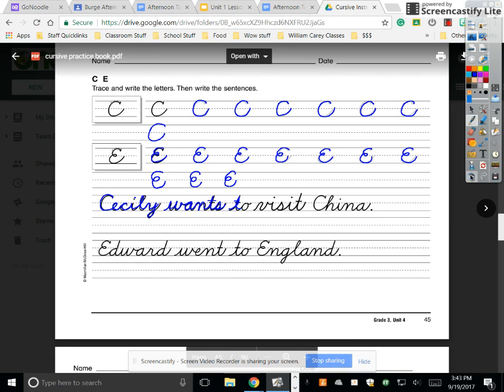Oh, I messed that up. I picked up my pen. I'm so bad. To visit China. Big C. And China is a country. That's why it's capitalized.